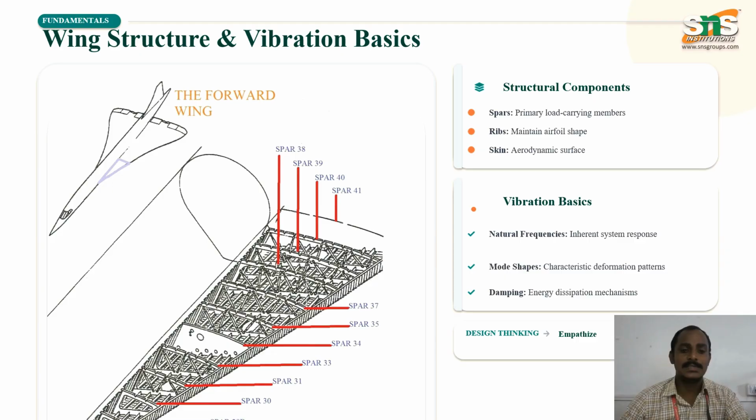So let us see this wing diagram and how different spars are located in the wing of the Concorde aircraft, which shows the basic vibration concepts in the system like natural frequency, different modes and damping, which dissipates the energy in the wing.